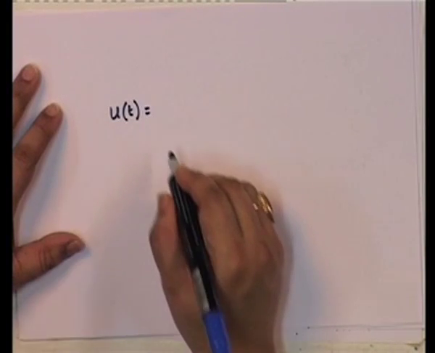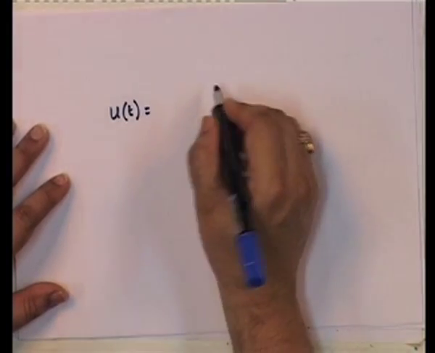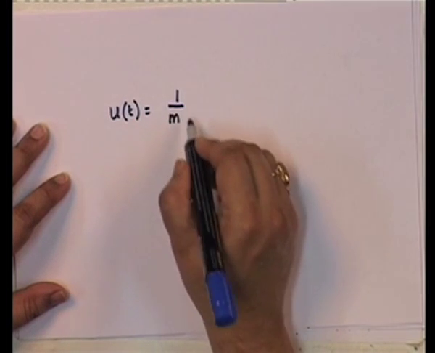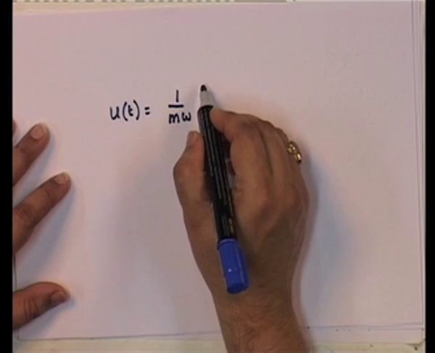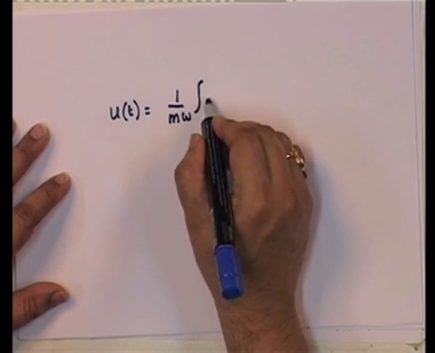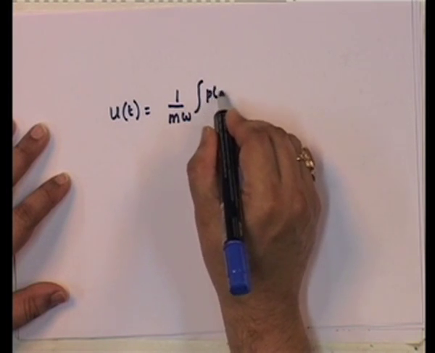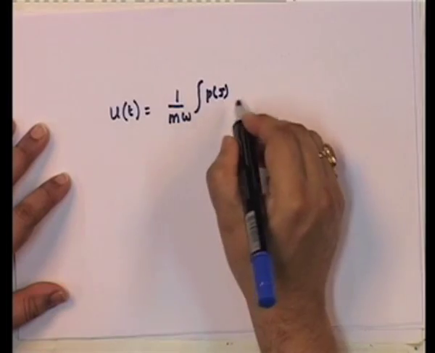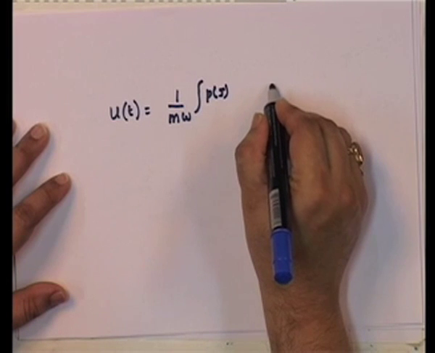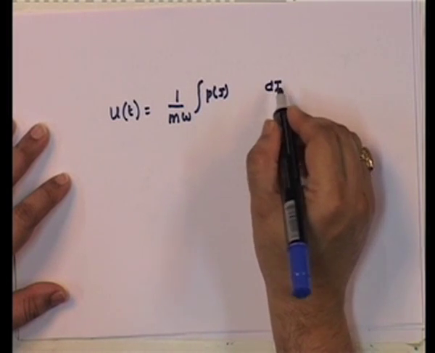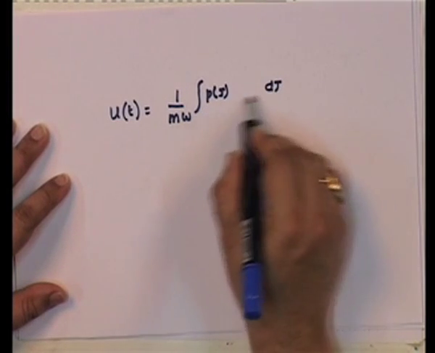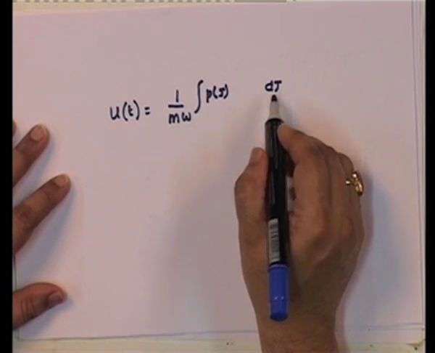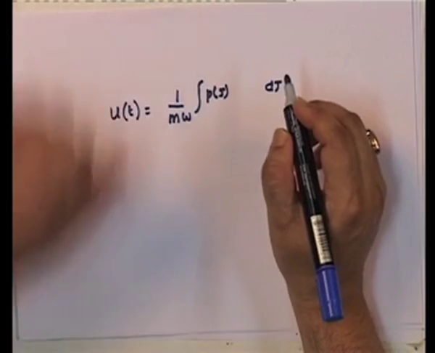So, if I did that, let us look at each individual load, what would u of t be equal to? u of t would be equal to 1 upon m omega into p of tau d tau, because I am finding at a particular time tau. Okay, this is the impulse, p tau d tau is the impulse at that particular instant of time.